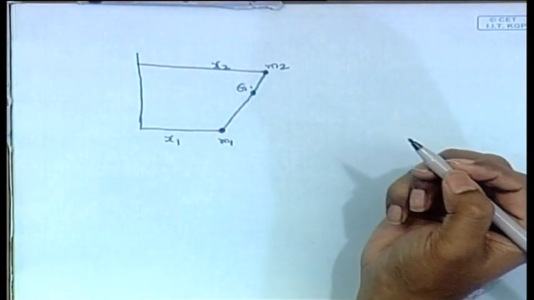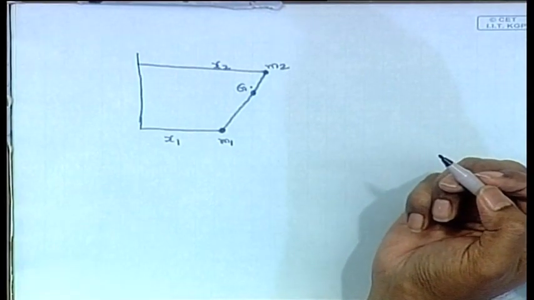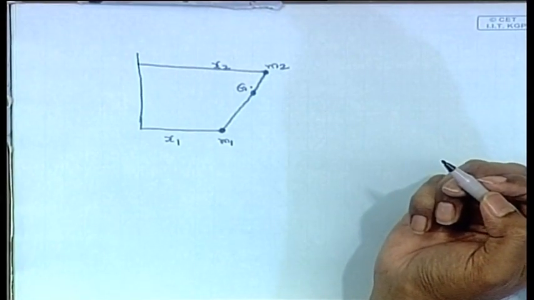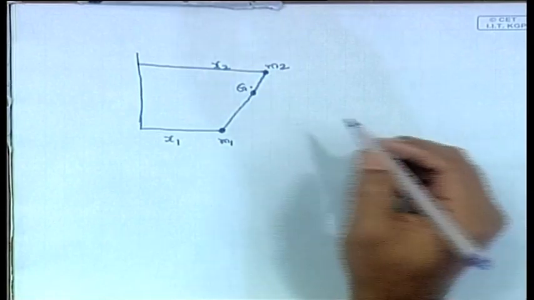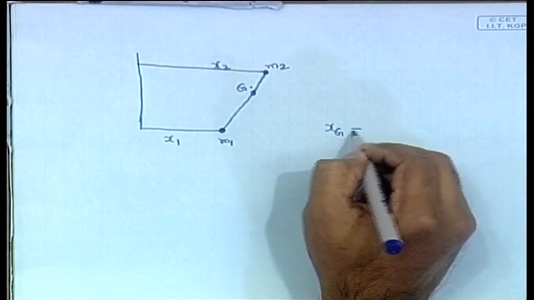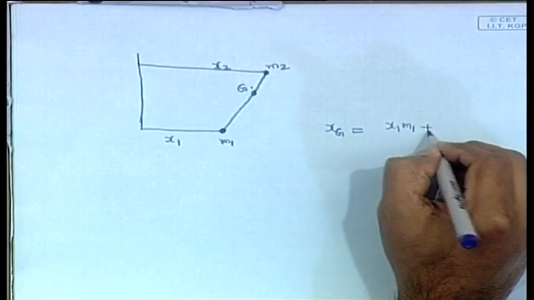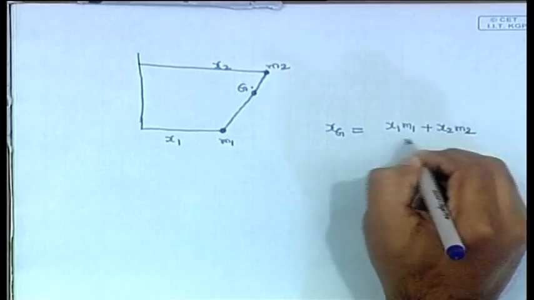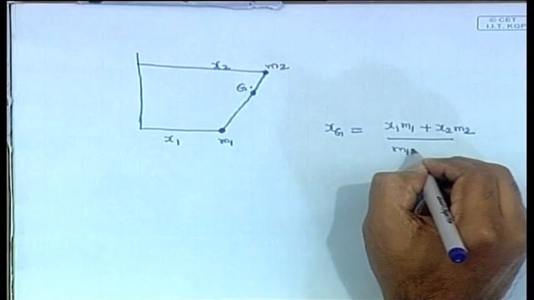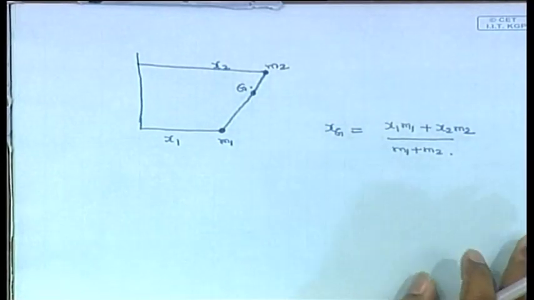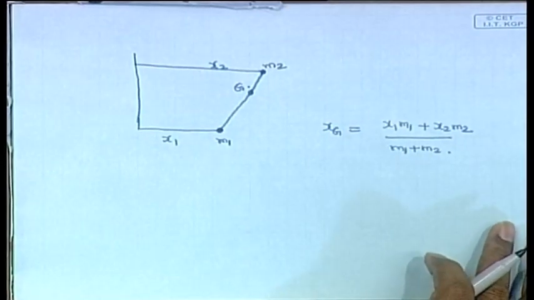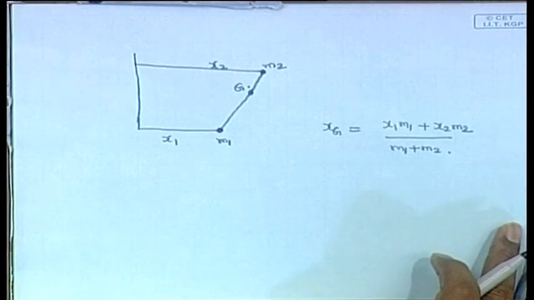Now, let us assume that you have a mass m1 at x1 and you have a mass m2 at x2. Now, the center of gravity of the system is given by xg is equal to, okay. This is the definition for the center of gravity of the system.